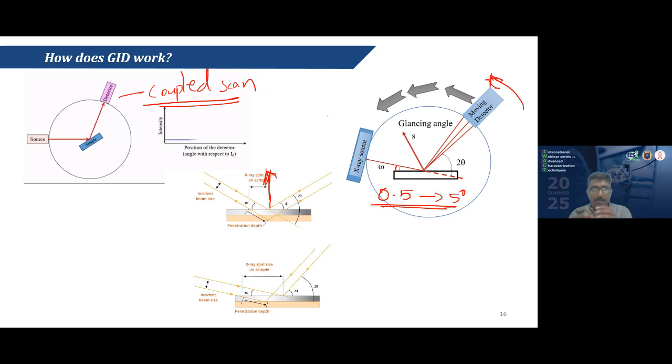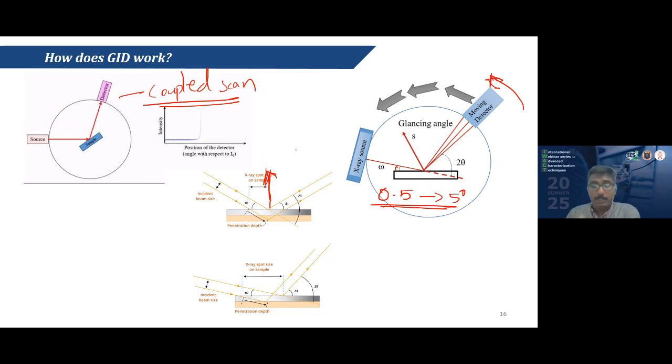That means it's a decoupled scan. In the case of normal XRD, it was a coupled symmetric scan, whereas for doing GID scans, we need the detector and source to be decoupled so that they can move independently. Here, the X-ray source is fixed and the detector only moves in the 2 theta direction.